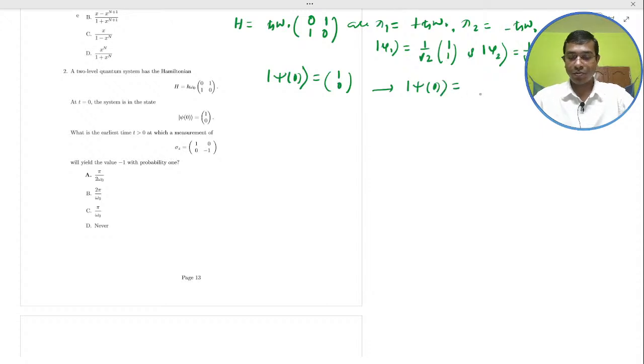psi 0 equal to C1 ket phi 1 plus C2 ket phi 2, where C1 is what?